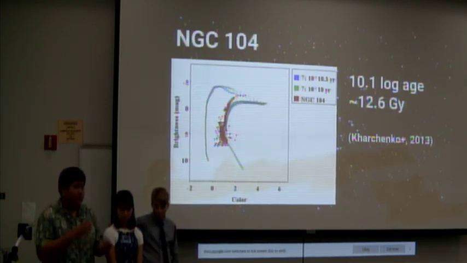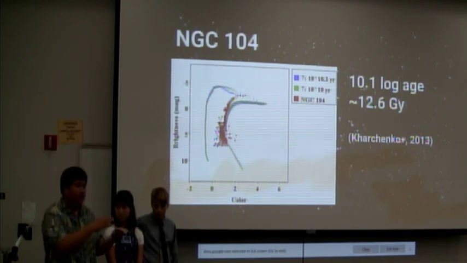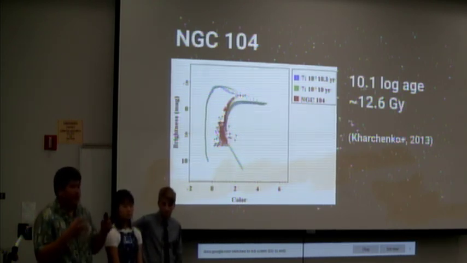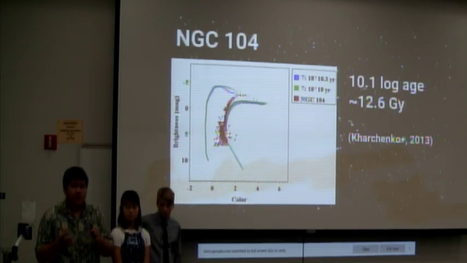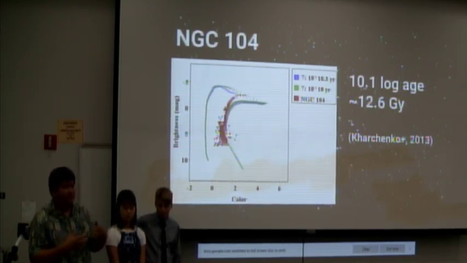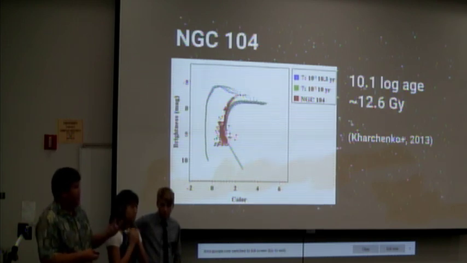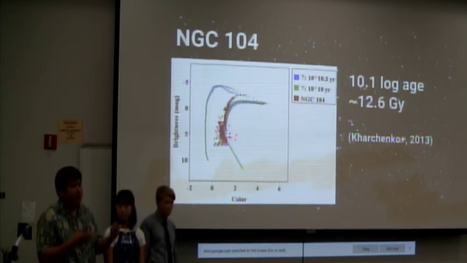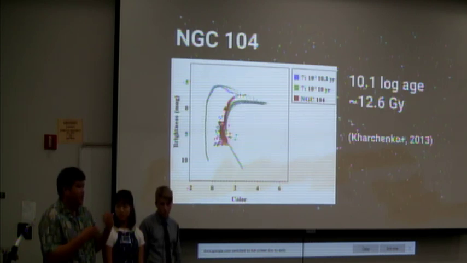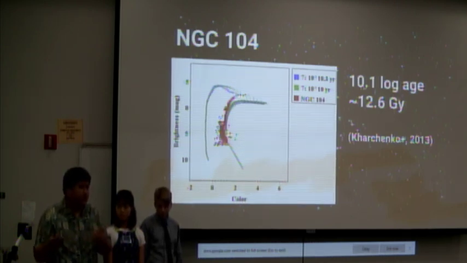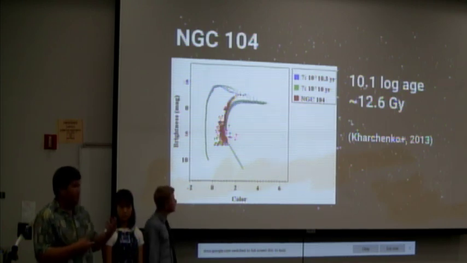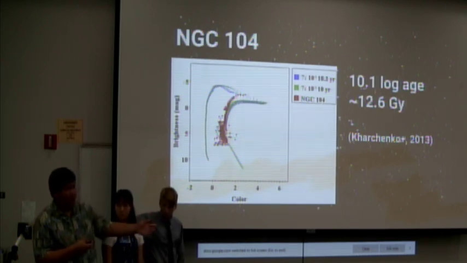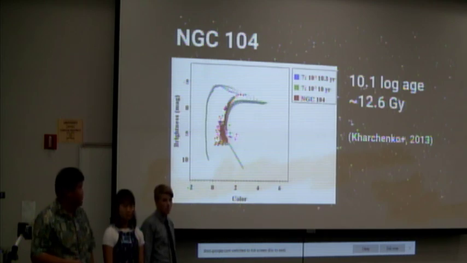As stars burn hydrogen on the main sequence, there's this turn off here, and there's a certain point where you get to later spectral type stars, whose life cycle is extremely long, in the billions and even trillions of years, and at that point you don't really see any movement on the graph, which makes it really hard for us to determine what's the difference between 4 billion years, 10 billion years, and so on and so forth. And so that is something that we would want to try to look into. How can we get past that in future research?